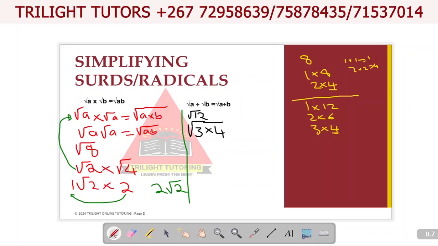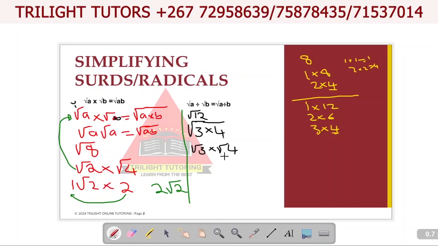Going back to this law, this is the same as the square root of 3 times the square root of 4, right?